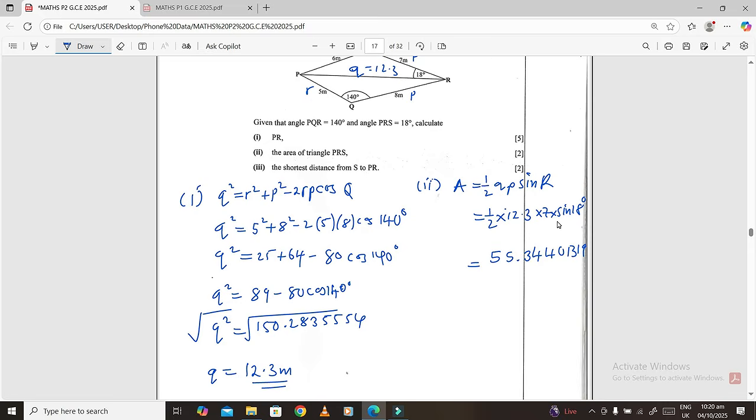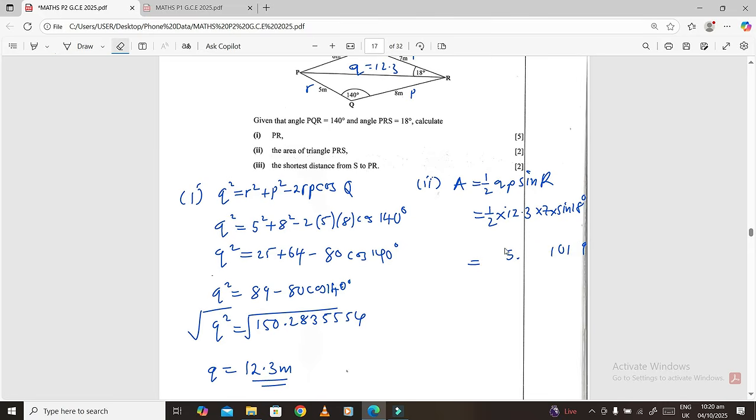So you have to make sure that your calculator is in degrees when you're using it for this topic, because you might get a wrong answer and yet it's supposed to be okay, and we've made a mistake here. That's why I'm saying always counter check. I think I used 140. The angle is supposed to be 18.